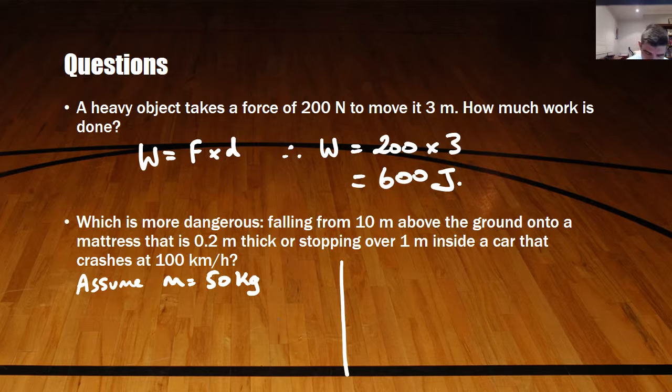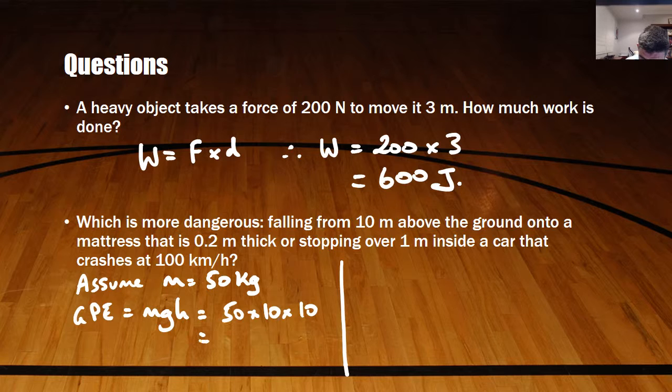If you're falling, then you have gravitational potential energy equal to mgh, which is a mass of 50 times, let's round 9.8 up to 10, and the height is 10 meters. So you're going to have 5,000 joules of gravitational potential energy. Assuming minimal losses due to air resistance, that 5,000 joules of gravitational potential energy is going to be converted into kinetic energy just as you're about to hit the ground.